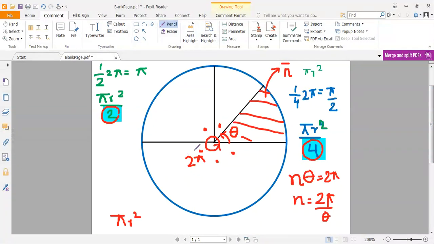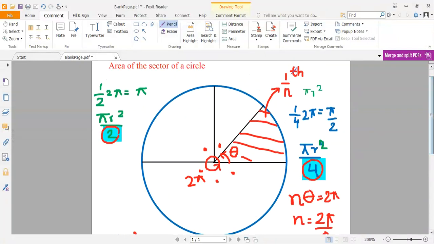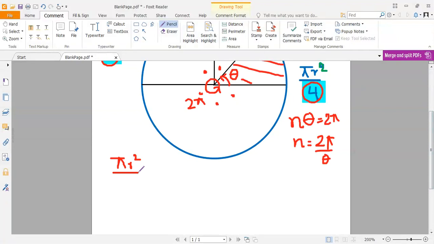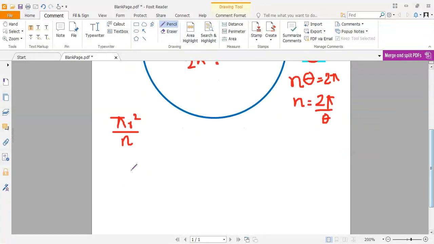So when I'm talking about a piece which is 1 nth of the entire circle, I'll have n in the denominator. I can replace n with 2 pi by theta.